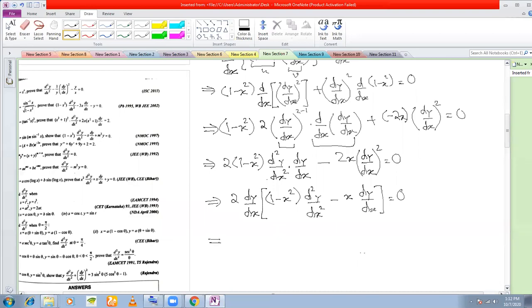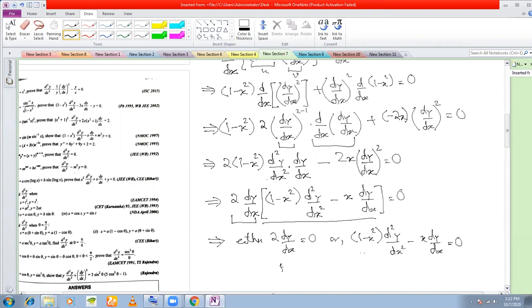So now either 2 dy/dx is equal to 0. This is a product of this and this. So either 2 dy/dx is equal to 0 or 1 minus x square d2y/dx2 minus x dy/dx is equal to 0.